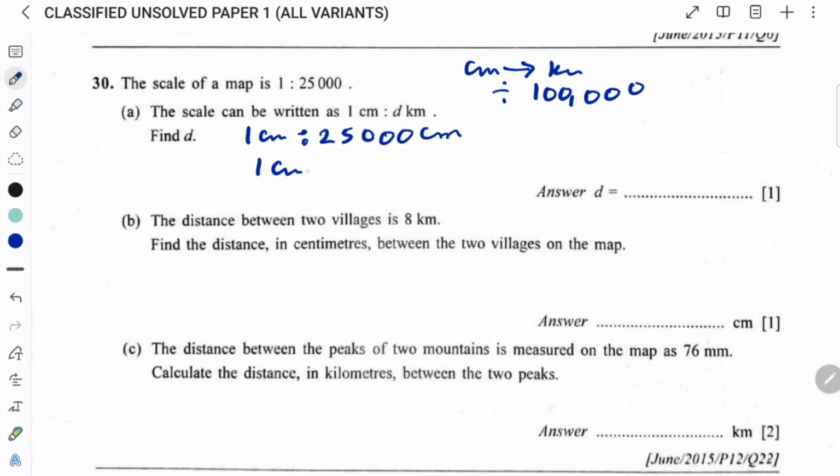So 1 centimeter is to 25,000 divided by 100,000. Then zeros cancel, 25 upon 100.